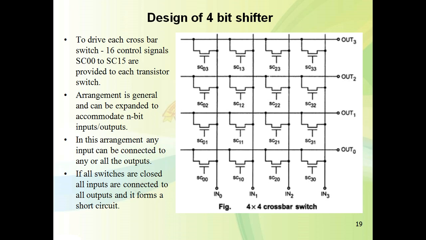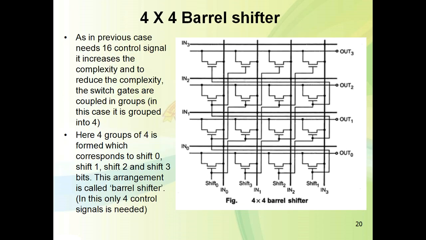It can be minimized by making groups. In the previous case we need 16 control signals, which increases the complexity. To reduce the complexity, the switch gates are coupled in groups. Here, 4 switches are coupled together so that the complexity is reduced.